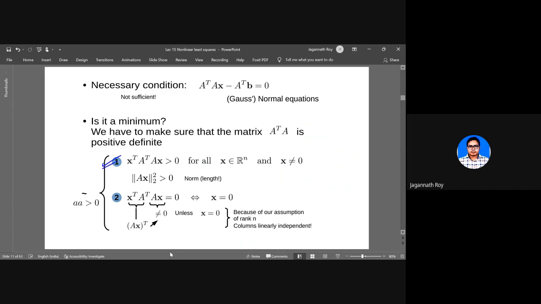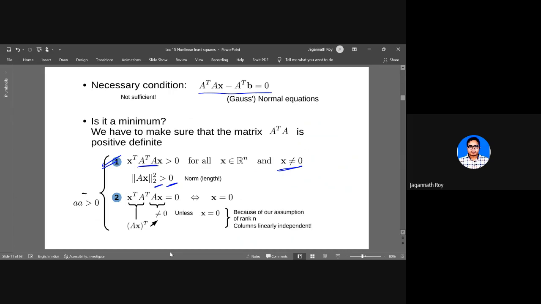Okay. So already we have seen the necessary condition is this one given, and for any non-zero vector x, we will have this relation satisfied, because the norm is a positive quantity, or at least non-zero.